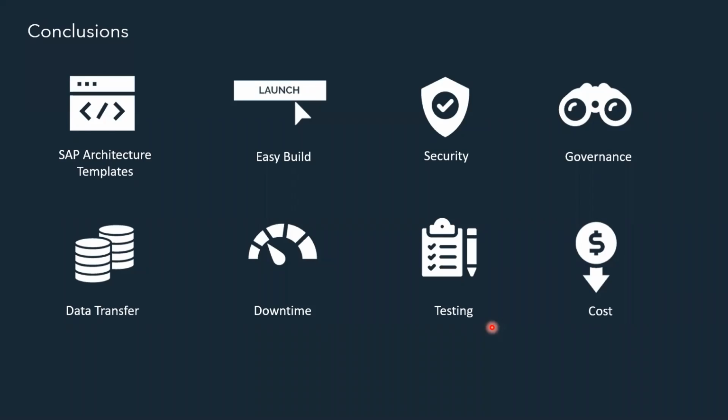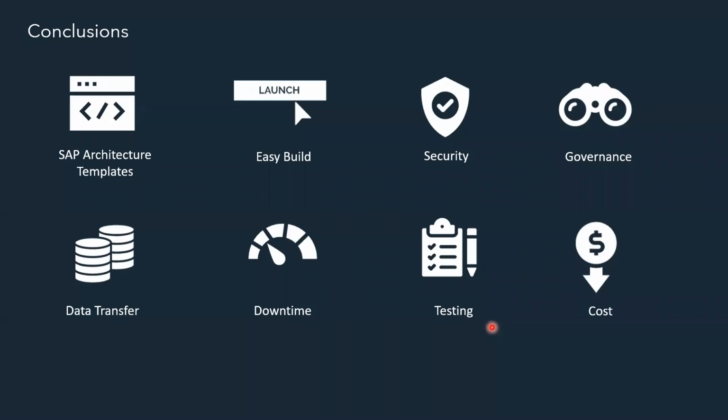And the governance aspect is again very important. If you have any compliance requirement, or if you have certain audit requirements, these requirements can be met easily on the AWS platform.